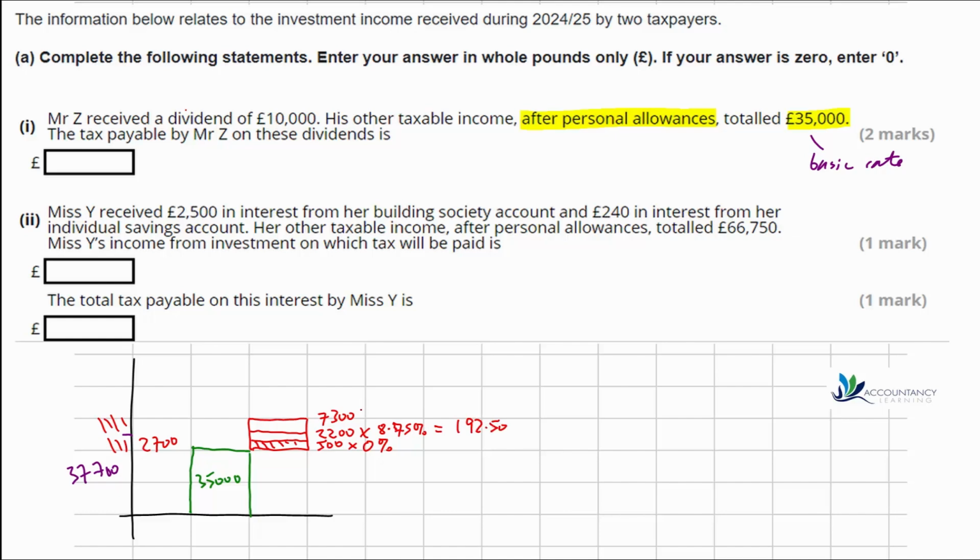Then we multiply the 7,300 by the higher rate of 33.75%, which gives us £2,463.75. Collectively that gives us 2,657.